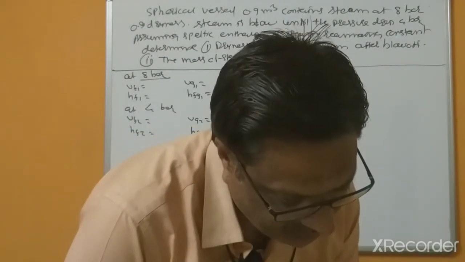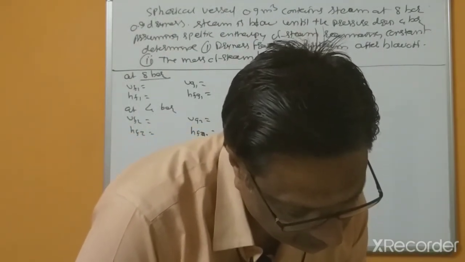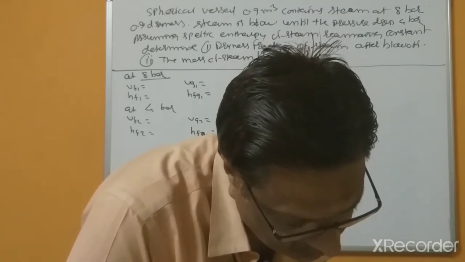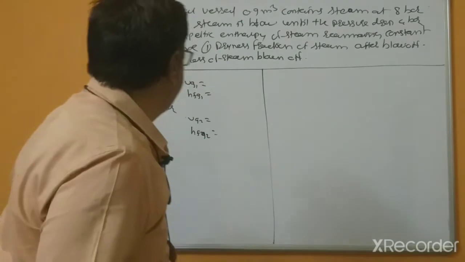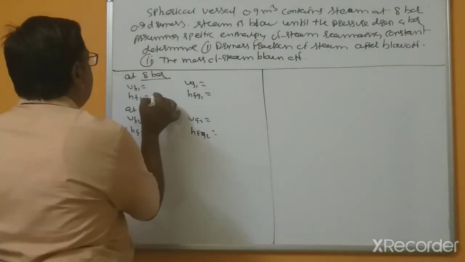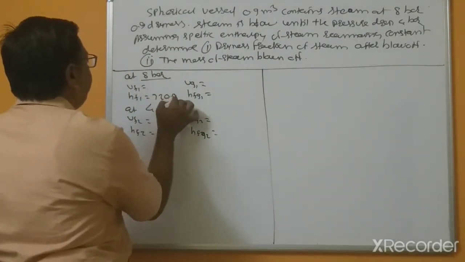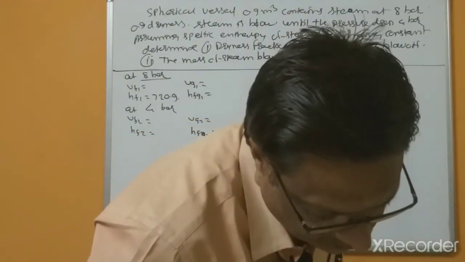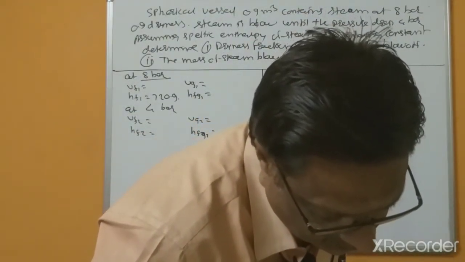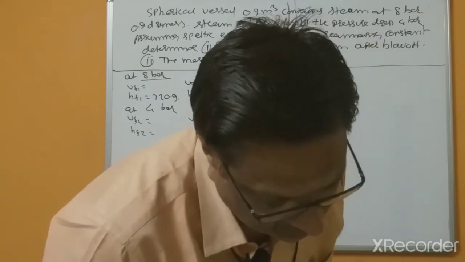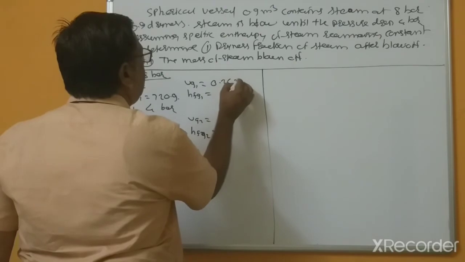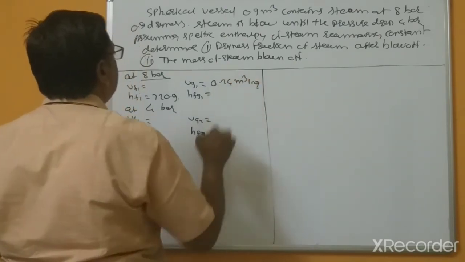So by using steam tables we can extract hf1 720.9, vg1 0.24 meter cube per kg.